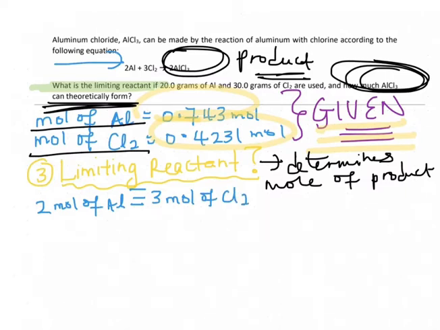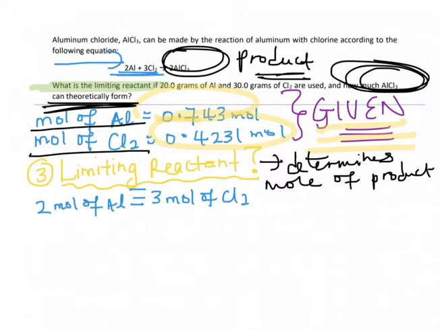Yes? So the one in blue, the one that I have written in blue, is what we have got from the balanced equation. That's why in step 1, it's very important for you to find the balanced equation before you do the proportionality. Without the balanced equation, you cannot do the limiting reactant.